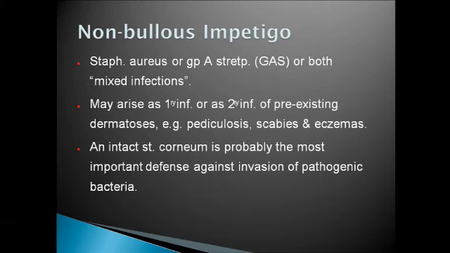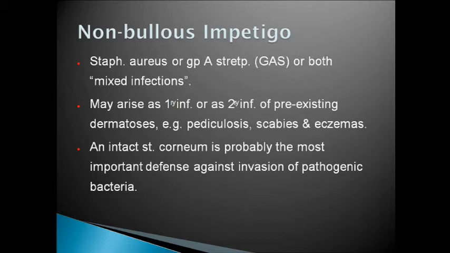Because the bulla is very thin, it may rupture and form a non-bullous impetigo. So things overlap, and we just have to know that if bullous impetigo is present, mostly it is Staph aureus. If non-bullous is present, both Staph aureus and Streptococcus can be present.